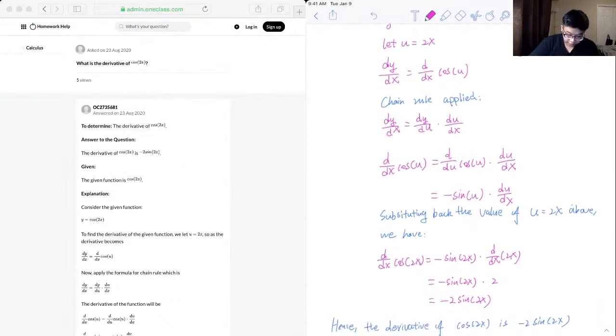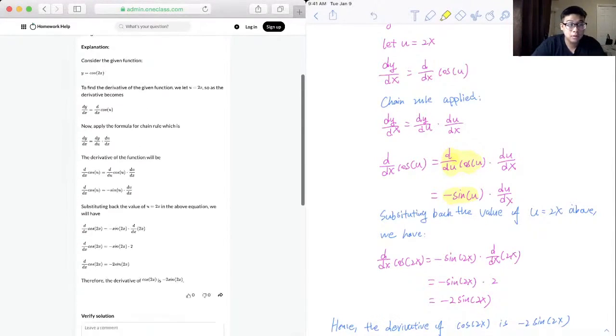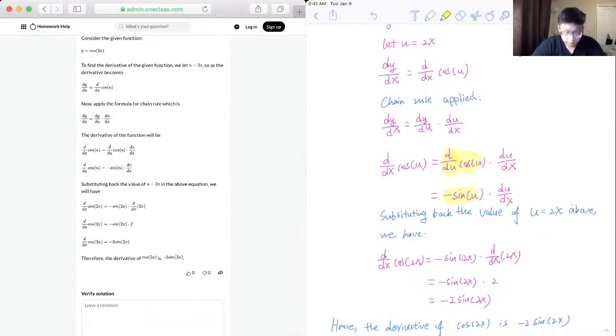And don't forget, when you take the derivative of cosine u, it's going to be negative sine u, so don't forget the negative sign. Yeah, I think that's all we have for this question.